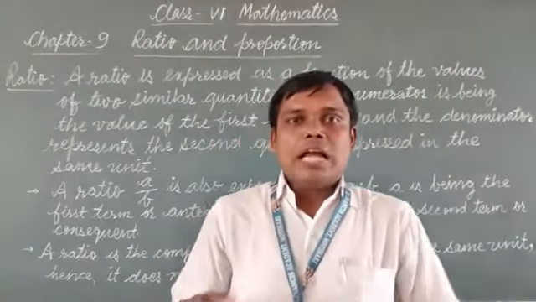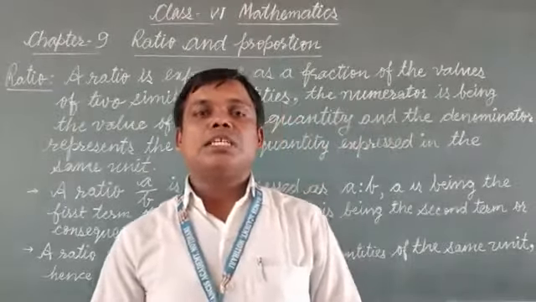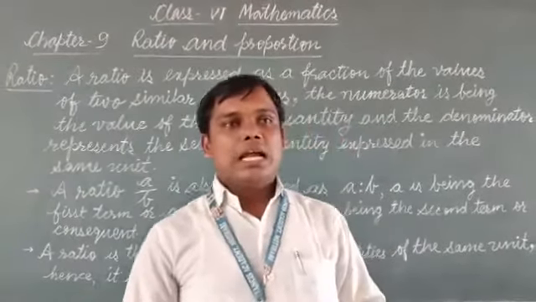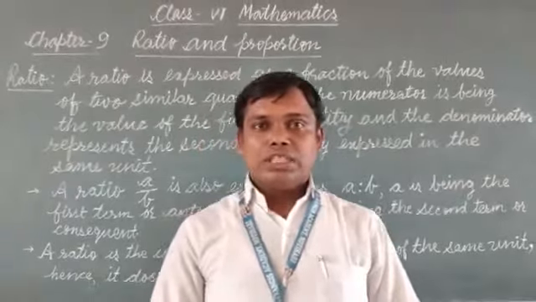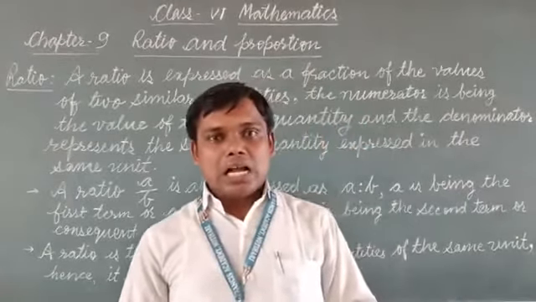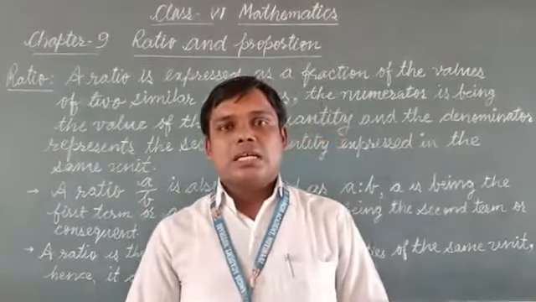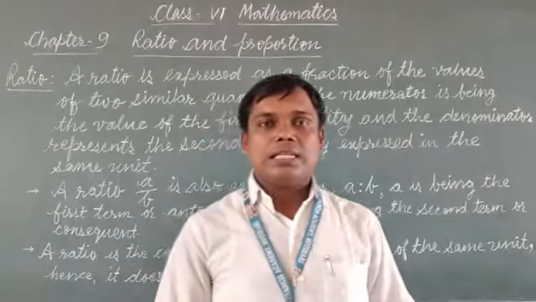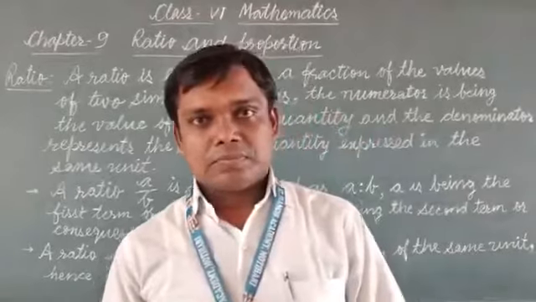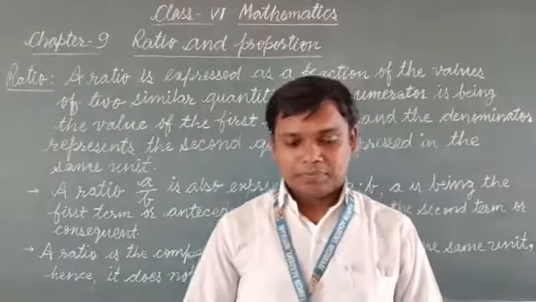Whenever we have to compare two quantities, we can use the subtraction method. Suppose we have two numbers and we have to check which number is greater. We will subtract the smaller number from the greater number. Then we will come to know that this number is greater and this one is smaller. By how much, also we can get.